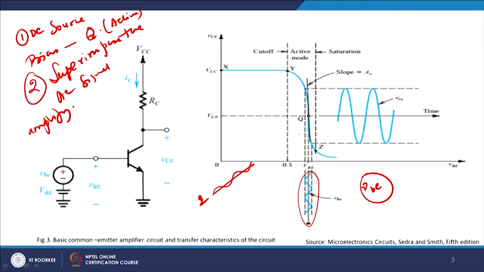You cannot give any AC signal you want and expect it to work fine for the BJT, especially the peak to peak value. Suppose you are biasing the Q point here and your peak value is so large that it makes the Q point go somewhere here in the nonlinear region, or even here on the negative cycle, then you enter the nonlinear amplification domain, or the amplification will fall down.